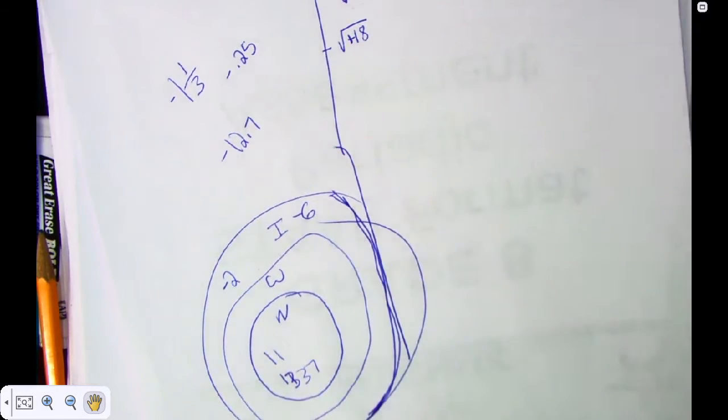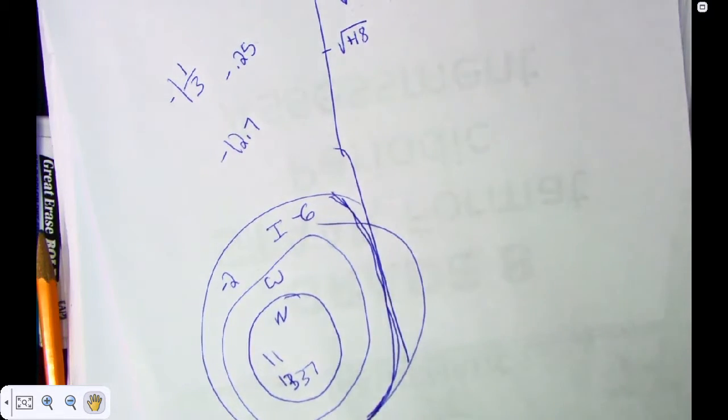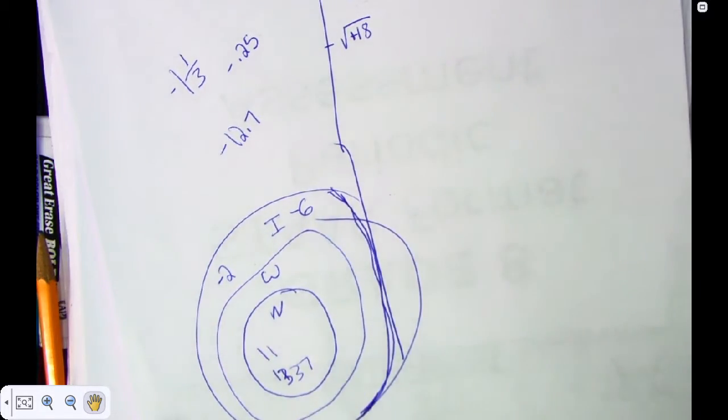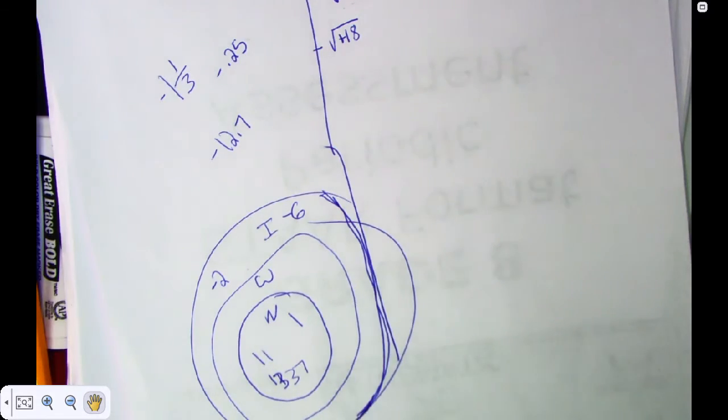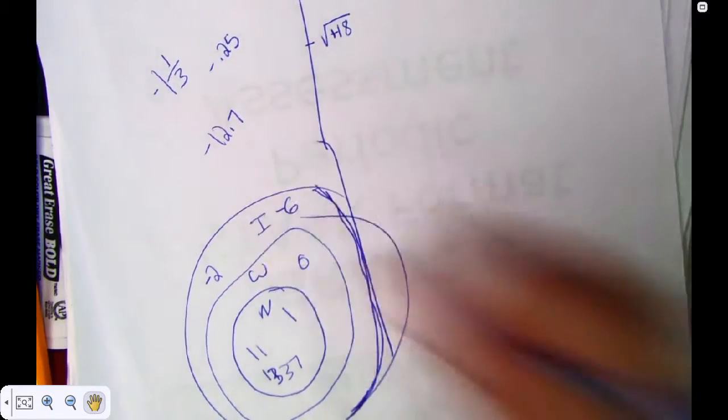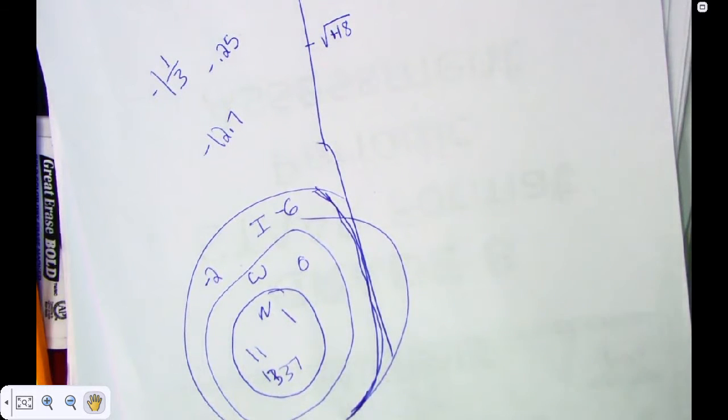See, it's hard to. Okay. So, well, I guess we can do 11. Put a 1 over here because we had a 1. Okay. So 1, 11. Those are all natural numbers. It's special. Now put a 0 right there. Put a 0 on the whole numbers. Okay.